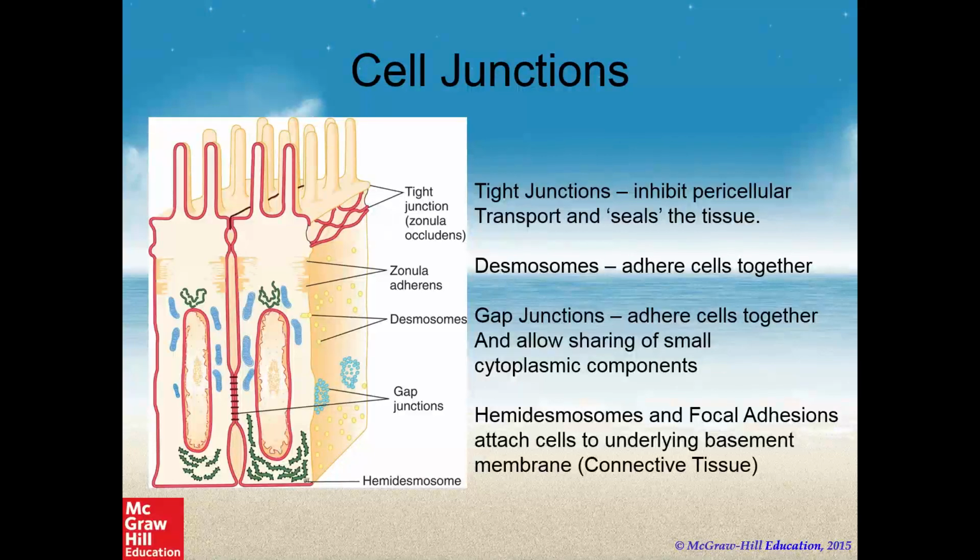Now, tight junctions are found in places where you want to make the membrane or the tissue relatively waterproof, watertight, so that you don't get a lot of fluid traveling from the apical portion of the cell in between cells to this basolateral portion.